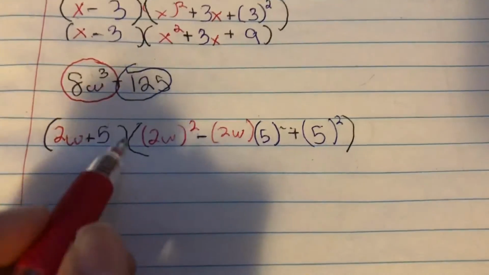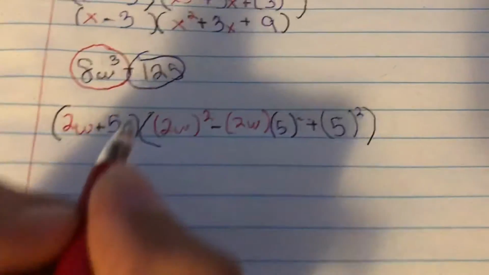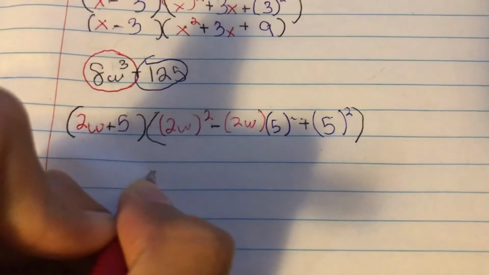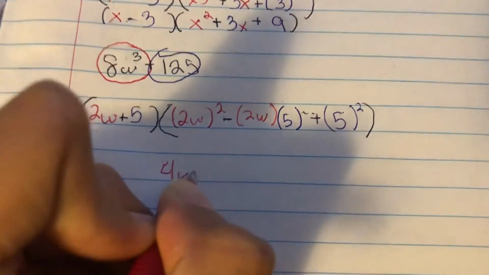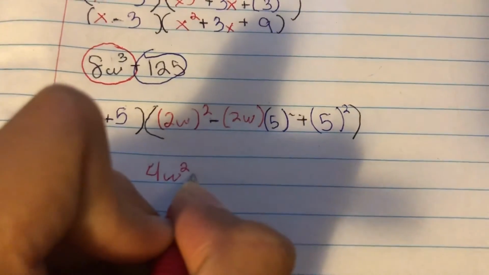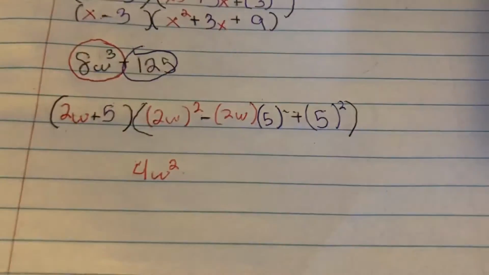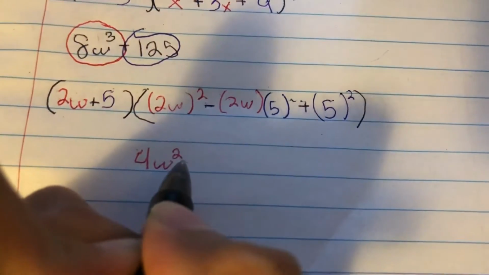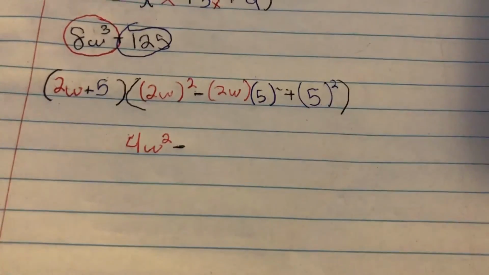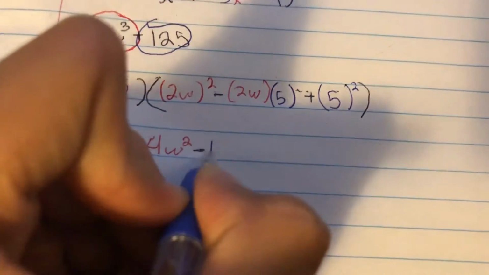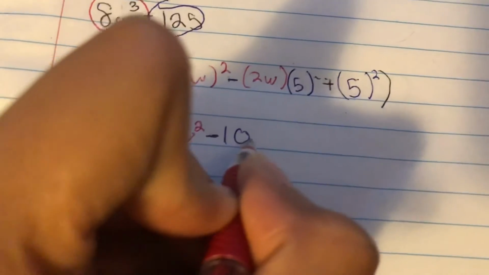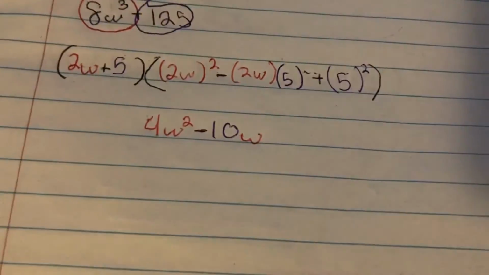So let's start with this part here, since this is the messy part. We're gonna bring down this, so 2 squared should give us 4w squared, right? Now we're gonna bring down that minus sign, since that's from the formula. And we're gonna multiply those 2 numbers together, so we're gonna get a 10w. Make the w red so I can at least have something from it.